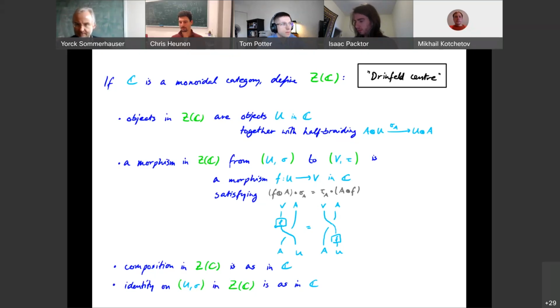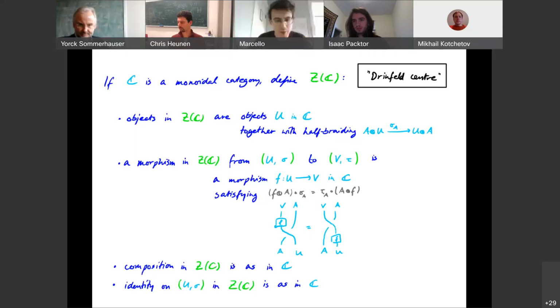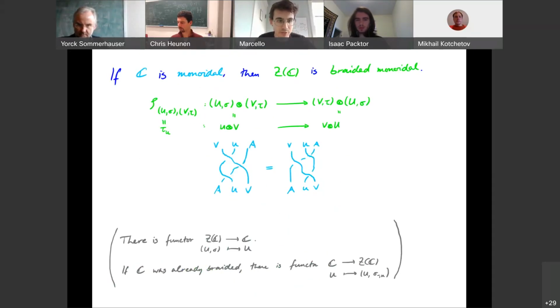Further questions? Can I ask a question, sorry? Yeah, sure. So you define the forgetful functor from the center to the original category. My question is, does it have a left adjoint? And if yes, is it just when the category is braided, or can you have it all the time?